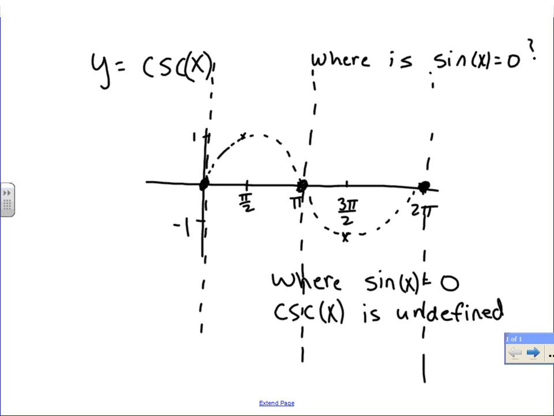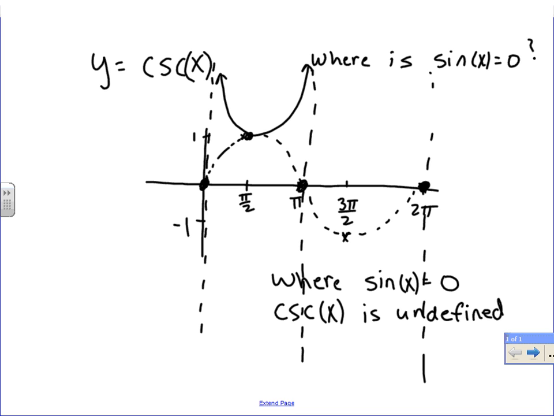Now, I'm finally going to graph cosecant. What I'm going to do is take the min and max points and just chase the asymptotes with curves. Keep in mind the curves cannot cross into the sine curve. So we've got a maximum point here, and the curves will chase those lines upwards, sort of like a parabola.